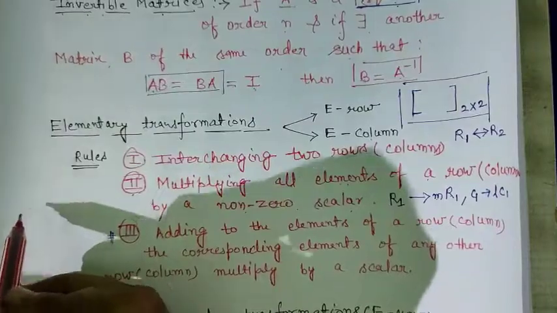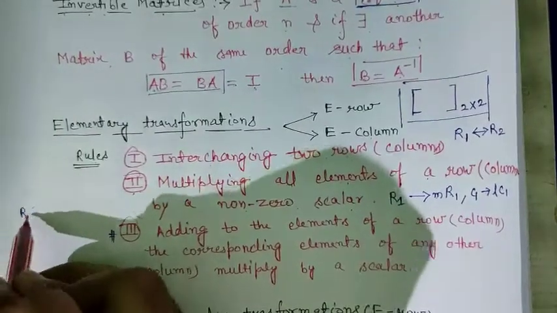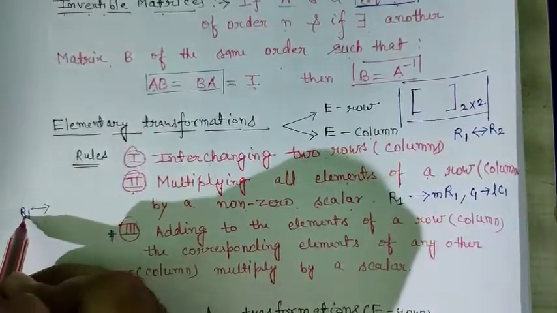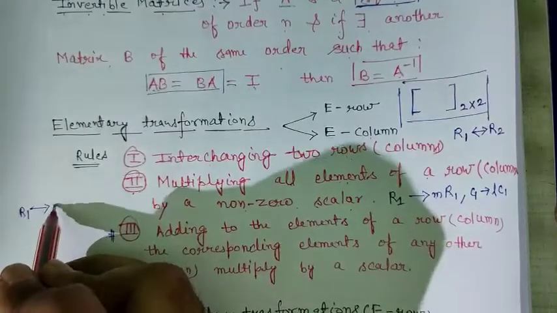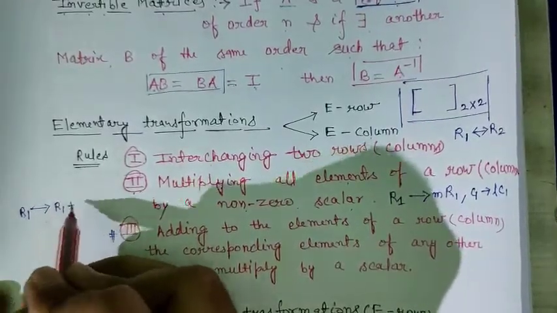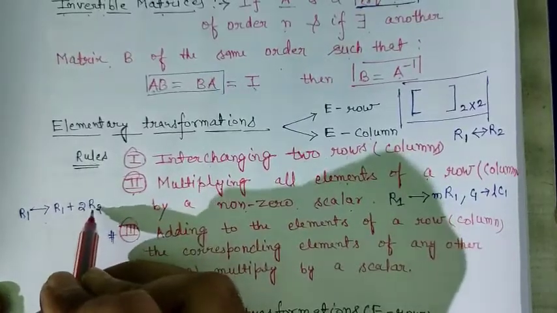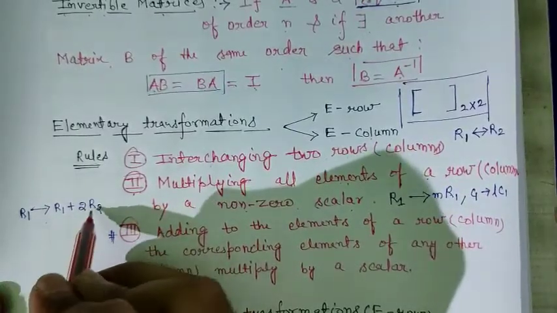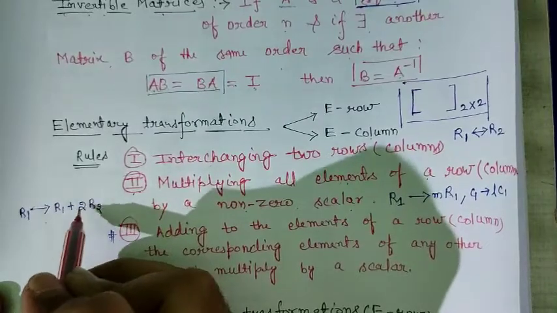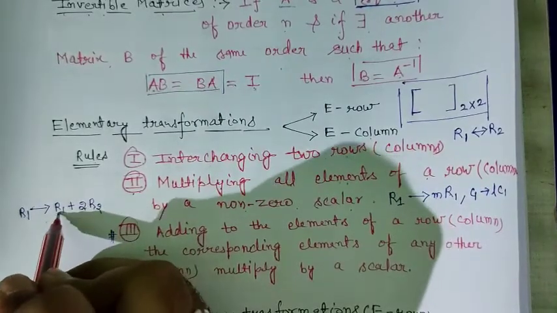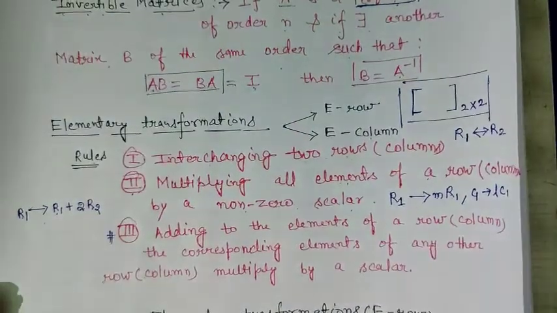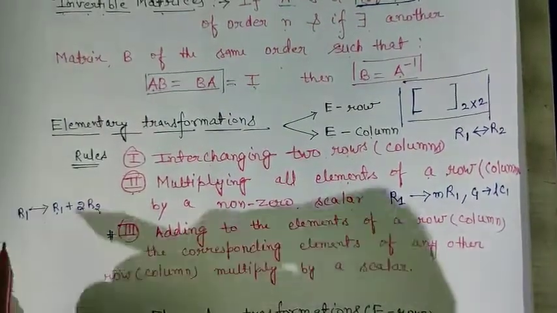How can we find it? Suppose we have row R1, and in R1 I can do R1 plus 2R2. It means I am multiplying the corresponding elements of R2 by 2 and adding them to R1. Let's take an example.